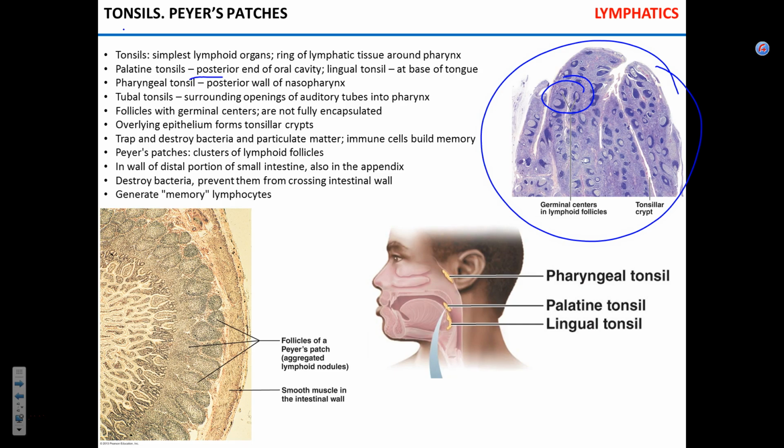Palatine, oral cavity in the back. Okay, so you can see them, they're up there, close to the soft palate. Lingual tonsils are at the back of the tongue.